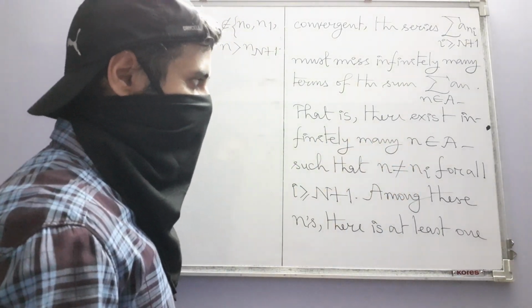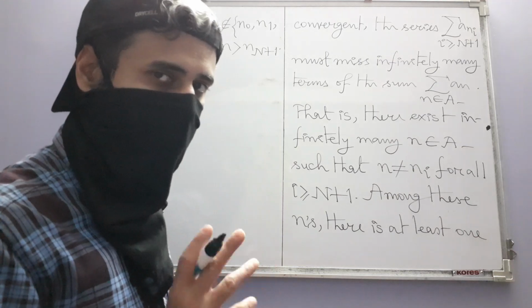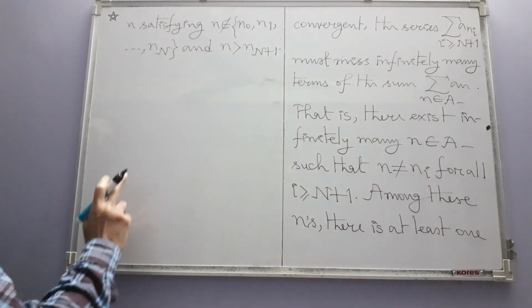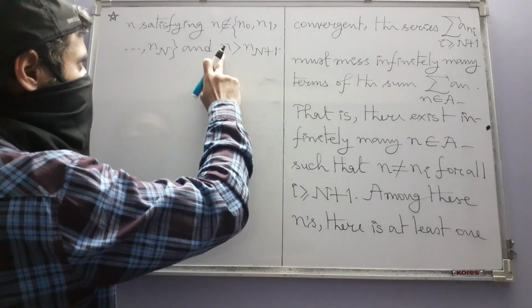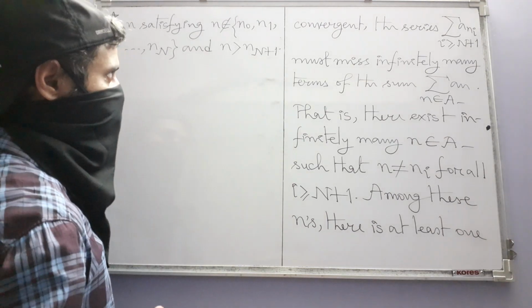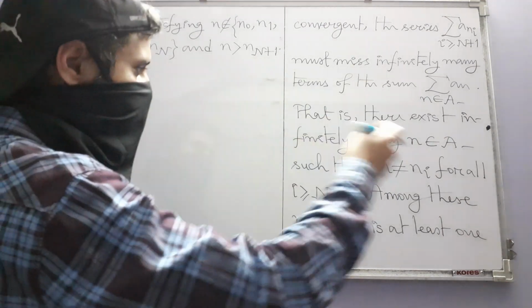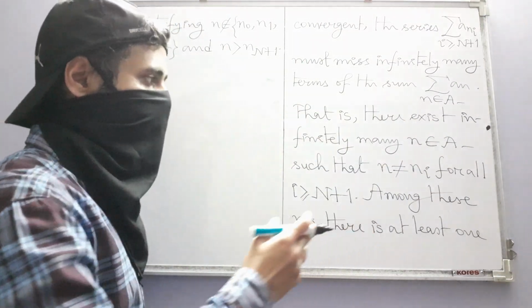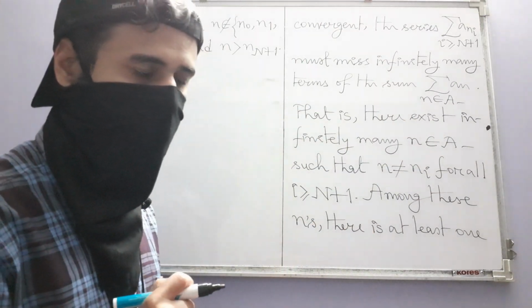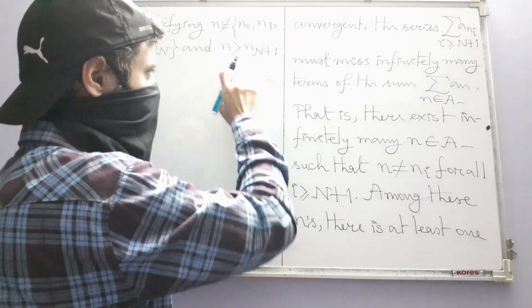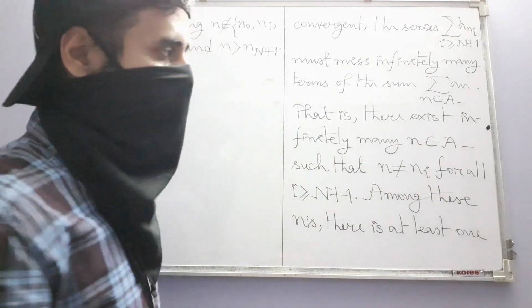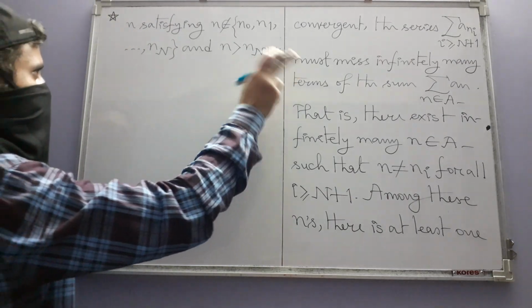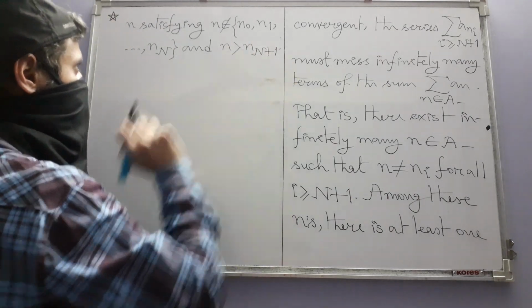So clearly, because of this infinitude, you will of course get one n that will exceed n plus 1, because below n plus 1 there are only finitely many natural numbers. The infinitely many n's cannot be accommodated there. There is not enough space. So some n must exceed n plus 1.